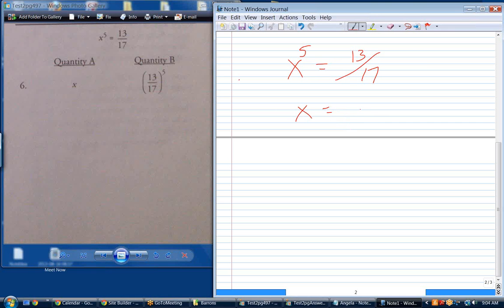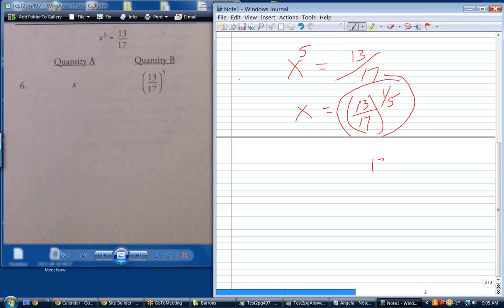Well, it would be root 5. 13 over 7, root 5. Correct. 13 over 7. No, that's right. Or if I want, I could write it like this. And how does this number compare to this number? It's smaller.